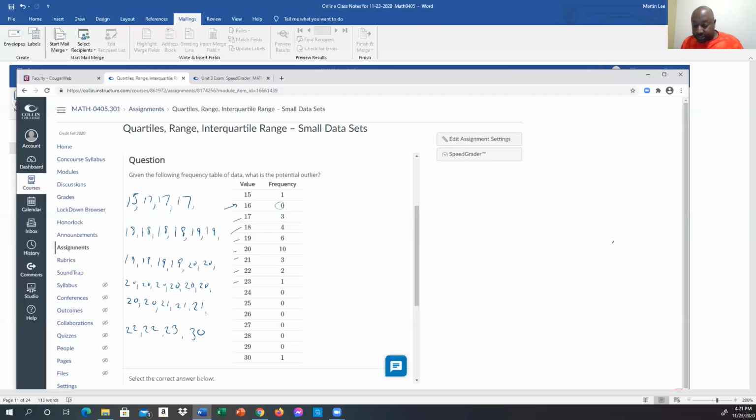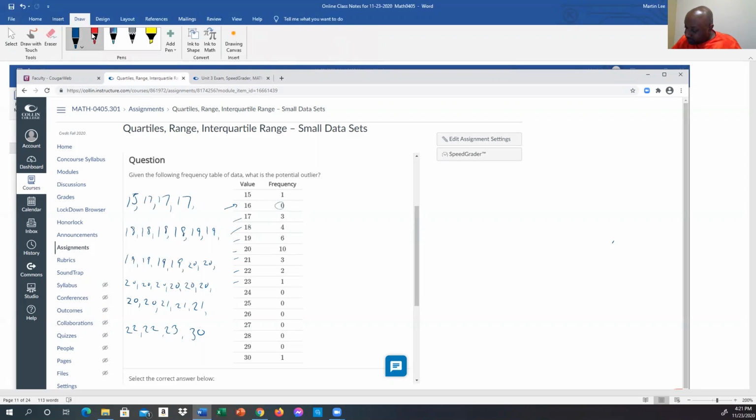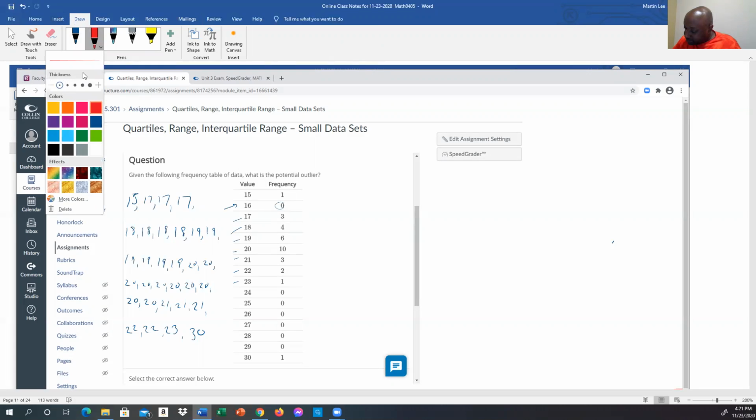Next thing you want to do is label each number. We know there's about 30 numbers, but with the work they're going to ask us to do, it'll be easier if each number is already identified.